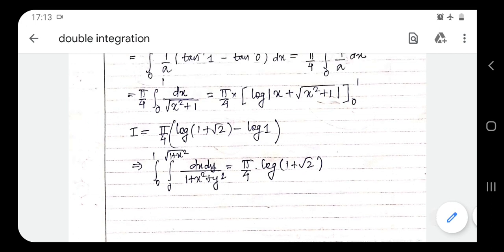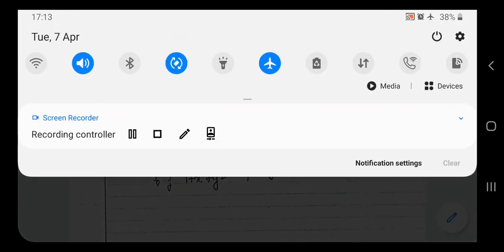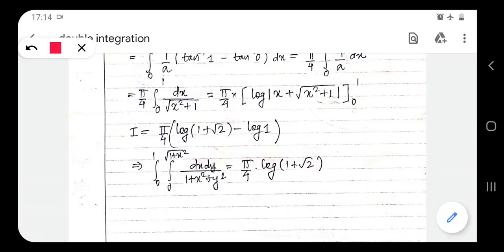What is a? a is under root 1 plus x square, so I have substituted it. So 1 upon a is 1 upon under root 1 plus x square.